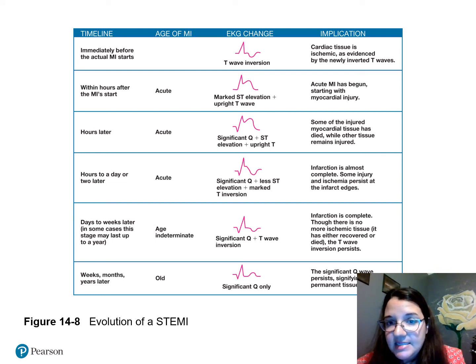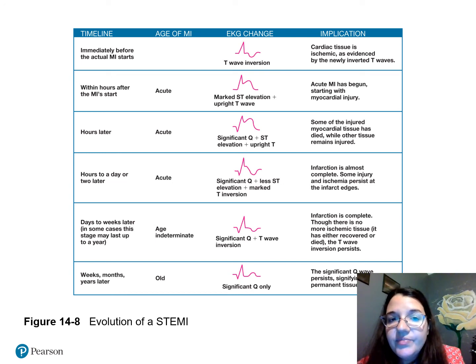What is this? This is ischemic. Look at the implication. Your cardiac tissue is ischemic, as evidenced by the newly inverted T wave. Meaning, I'm not having a heart attack yet, but I might be going into having a heart attack soon.